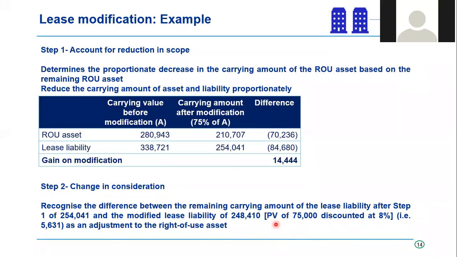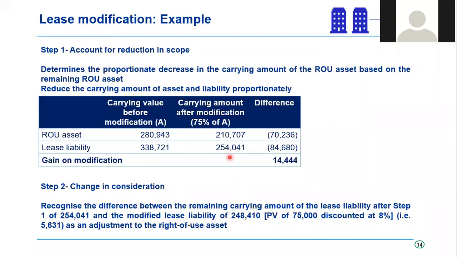As a lessee, therefore, I would have calculated the present value of 75,000, which is a reduced rental, and discounted it by 8%, the incremental borrowing rate on the date of the modification. As we can see, that would have given us a present value of 2,48,000. The financial statements, however, reflected a carrying value of 2,54,000.